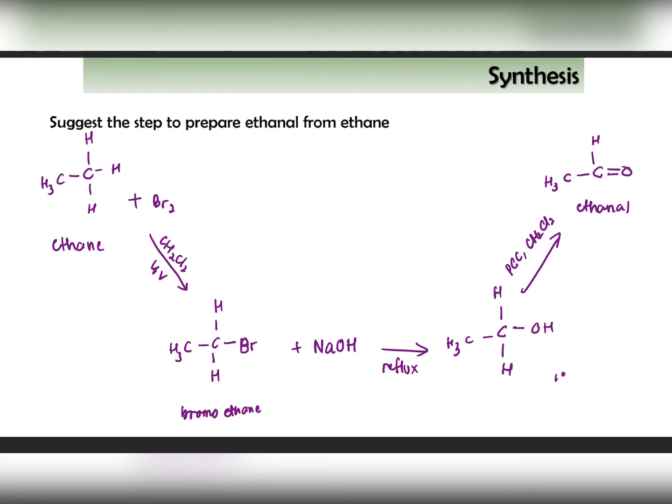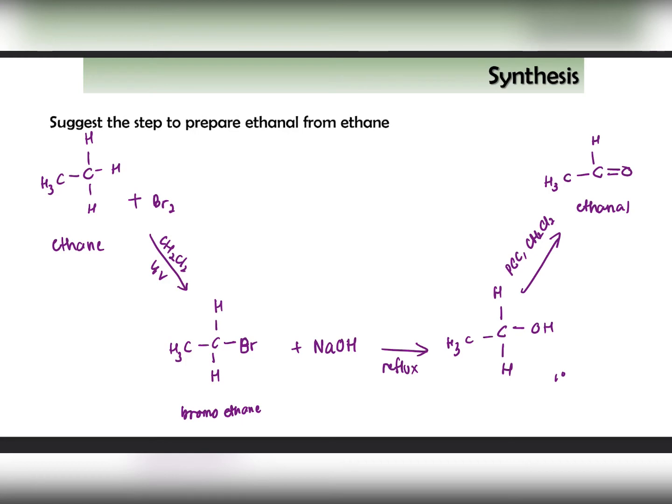So untuk reaction ini, ethane react dengan Br2 in CH2Cl2, inert solvent, and this one mesti ada UV, barulah boleh buat free radical substitution. This hydrogen akan digantikan dengan Br. Okay, so you will get this bromoethane.